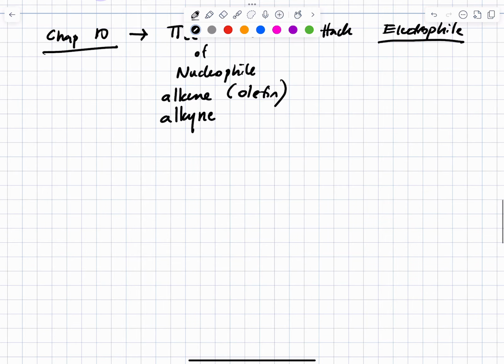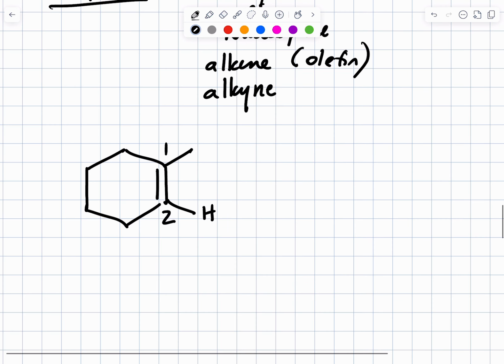Okay. Here is a 6-membered ring containing a pi bond, and there's an alkene. I've chosen this example deliberately. We'll explain why a little bit later. But if you were to draw the pi bonding orbital, it would have one large lobe above the plane of the sigma bonds.